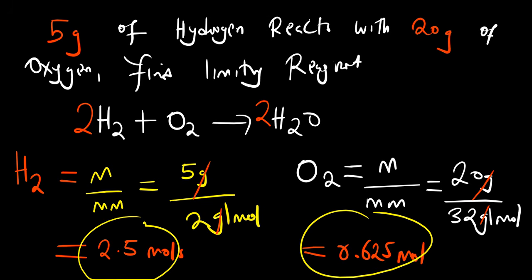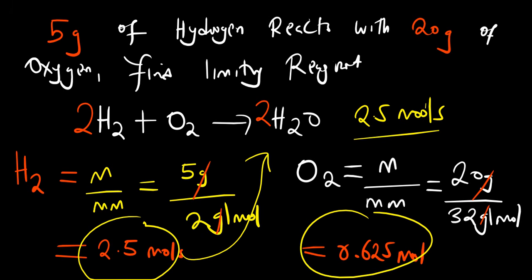From just the hydrogen part, 2 moles of hydrogen gives us 2 moles of the product, which is water. So 2.5 moles is going to give us 2.5 moles of water as well, because they have the same coefficient.